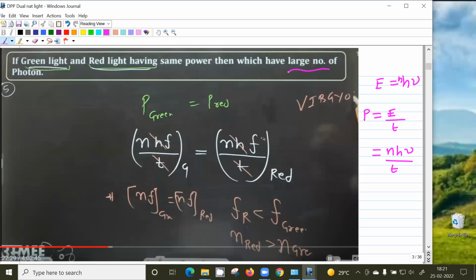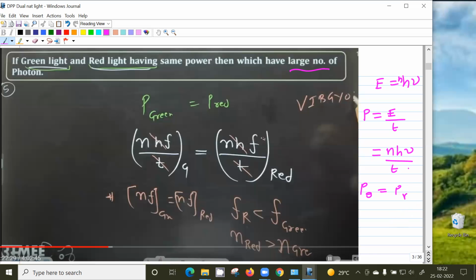Large number of photons in a given particular time interval only. So the power of green and the power of red you have to equate. Power is the same, no? So both should be equal, and it should be the same amount of time, otherwise it will not make sense, because if you wait for a longer time, the number of photons will increase.